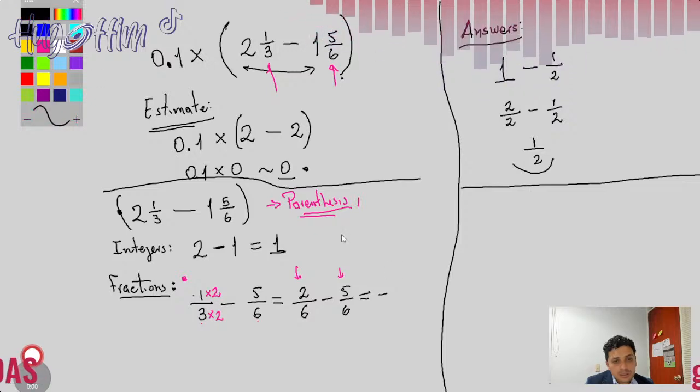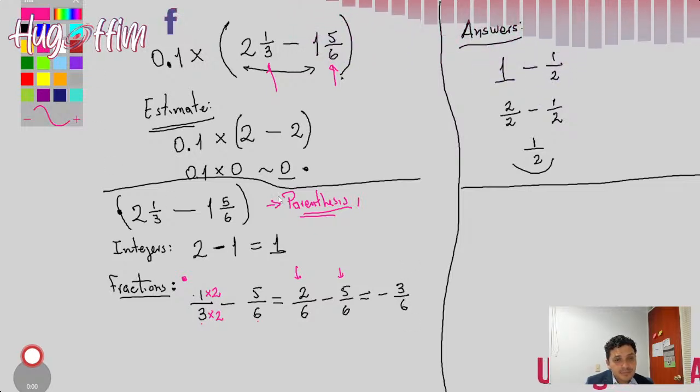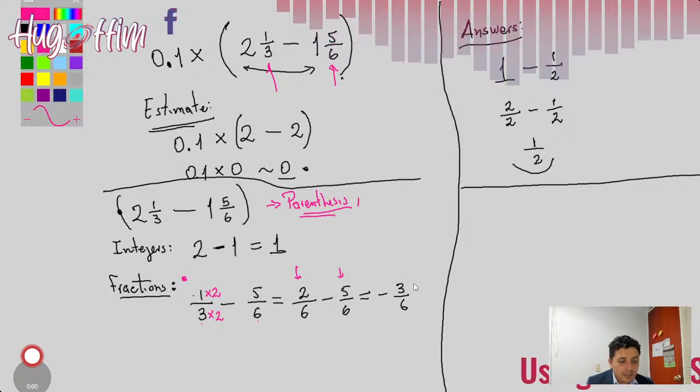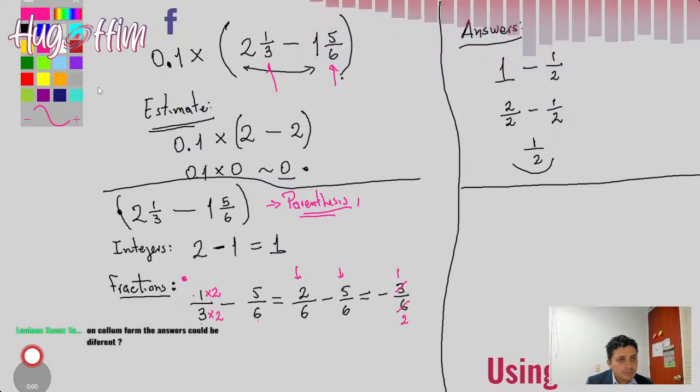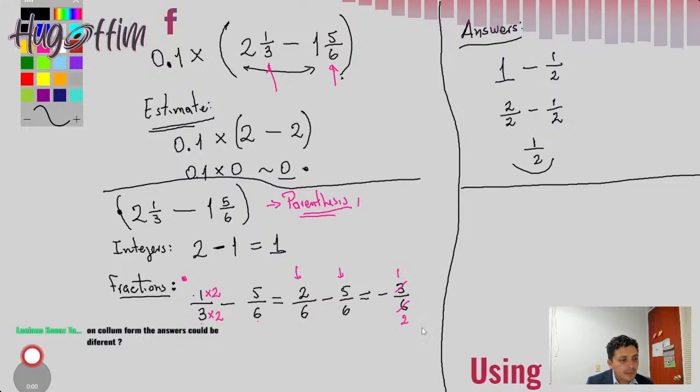So I got -3/6. And now I'm going to simplify this fraction because I have common factors between 3 and 6. So divide by 3. 3 divided by 3 is 1. 6 divided by 3 is 2. And I got 1 over 2.